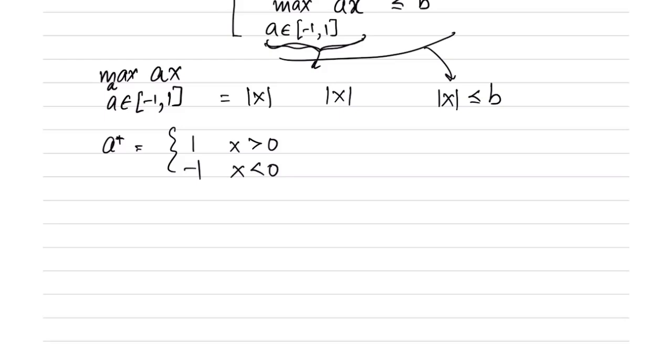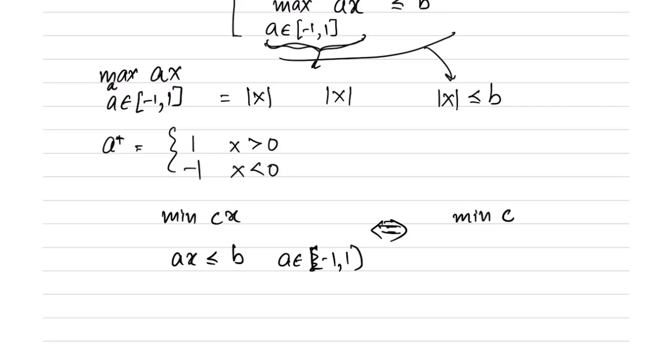In other words, our problem, minimize cx subject to ax less than equal to b, where a belongs to this set -1 to 1, is essentially equivalent to minimize cx subject to absolute value of x less than equal to b.